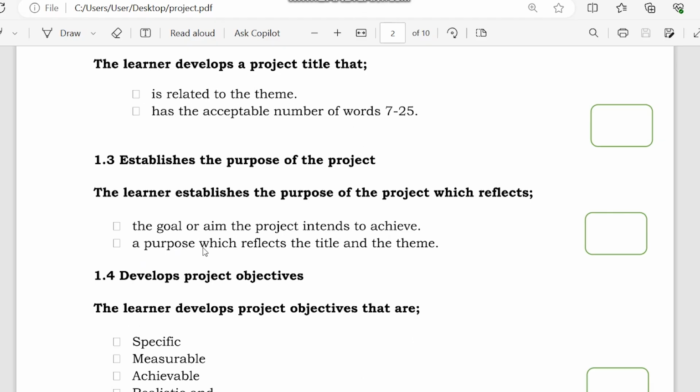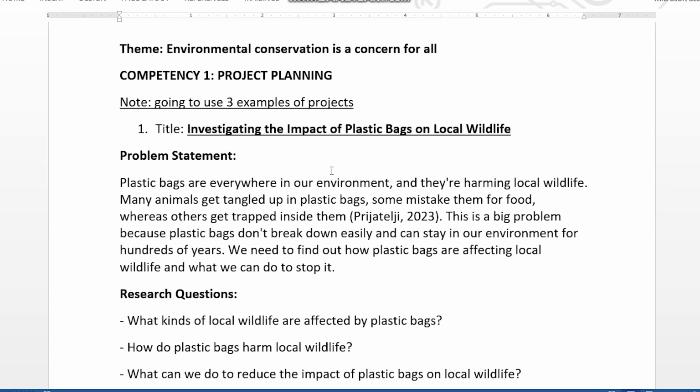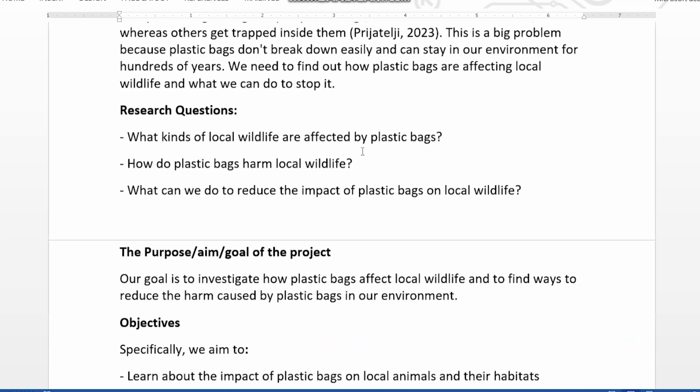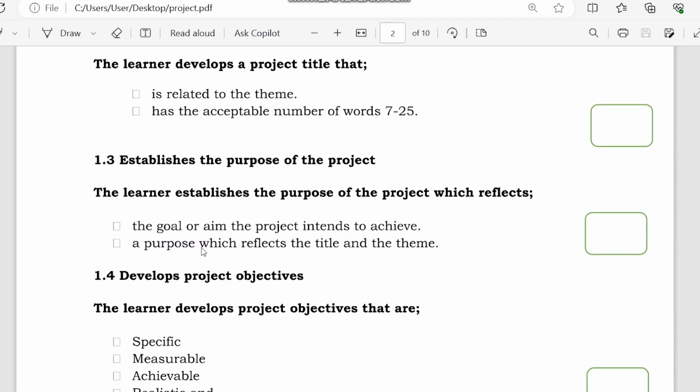And then also the purpose reflects the title and the theme, and this is directly connected to the title and the theme, because the theme is environmental conservation, and plastic bags affect this, so it is directly connected. And even the title, which is impact of plastic bags on wildlife, is directly connected. So therefore the learner qualifies to get these two.